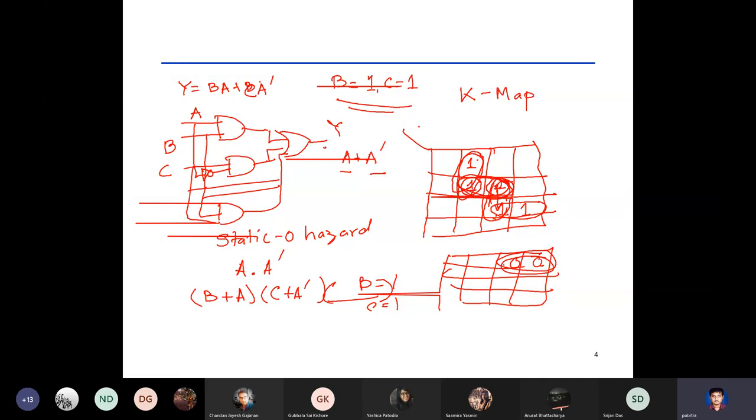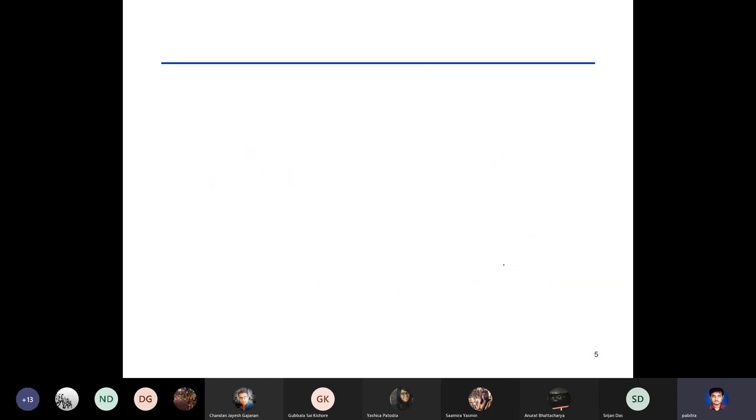So I am just giving a sort of circuit-based understanding of this, but you can easily, of course, write it down mathematically using the cubes and necessary cubes, required cubes, and so on. Okay, so then you can have dynamic hazards.